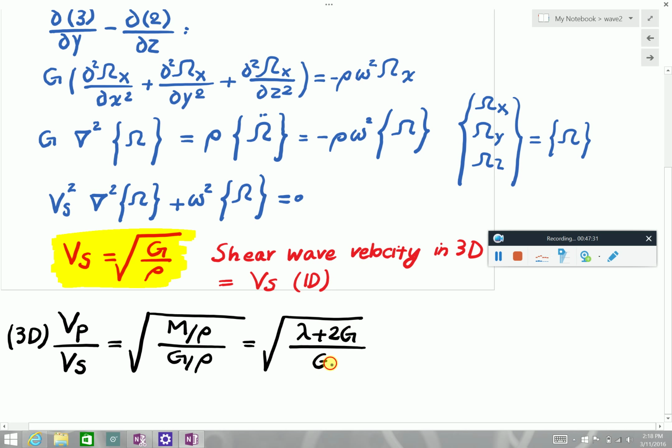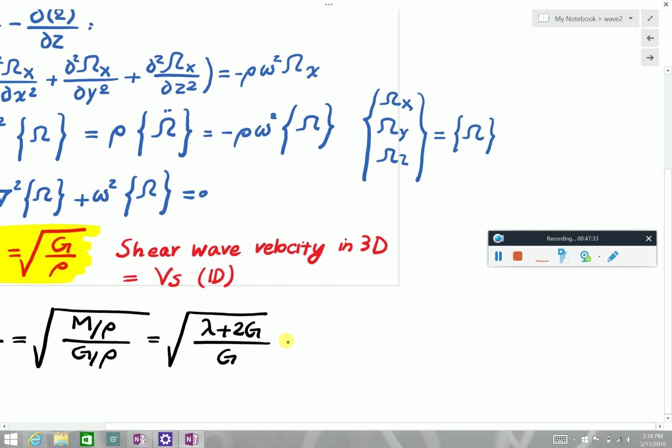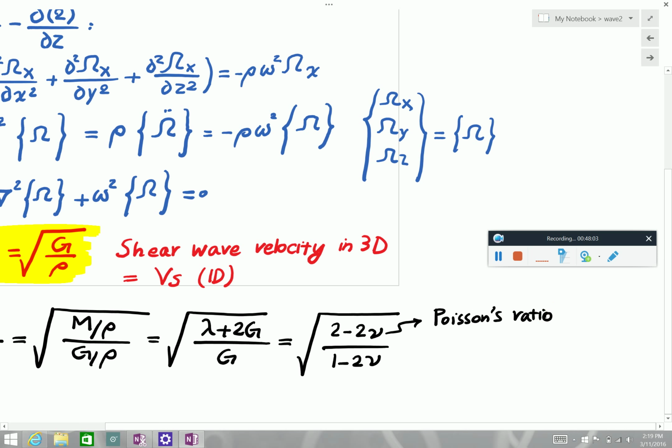If we substitute for these two parameters, the constraint modulus and G, we get this ratio, which is 2 minus 2 nu, nu being Poisson's ratio, over 1 minus 2 nu.